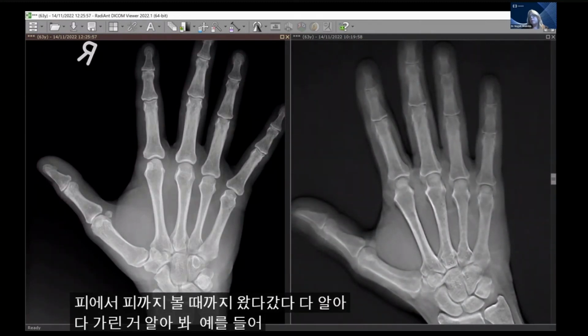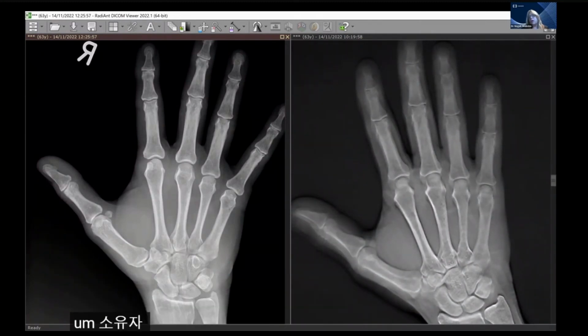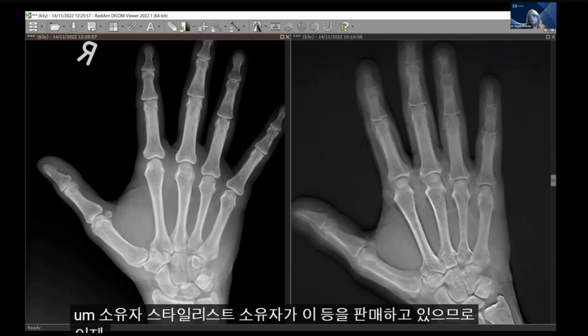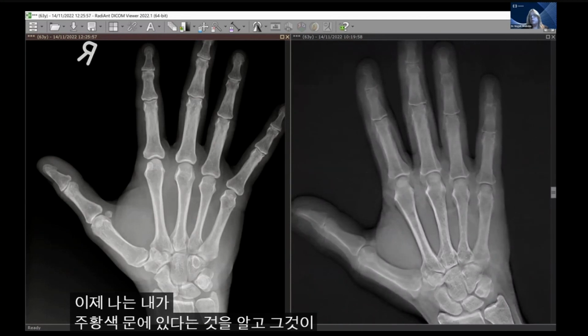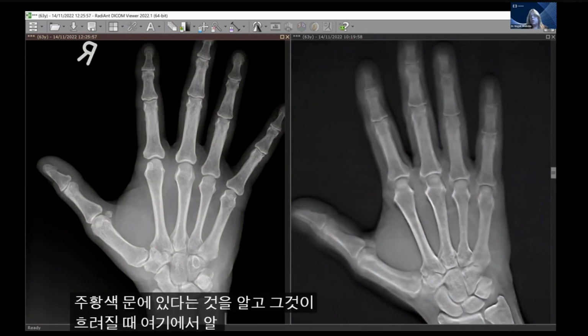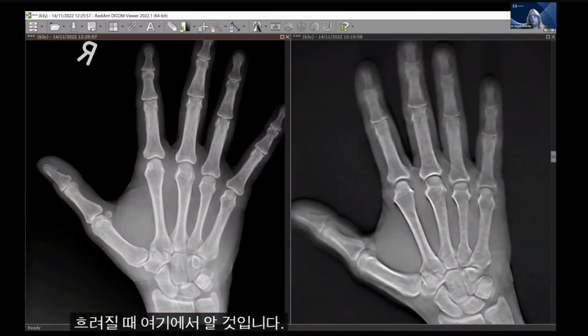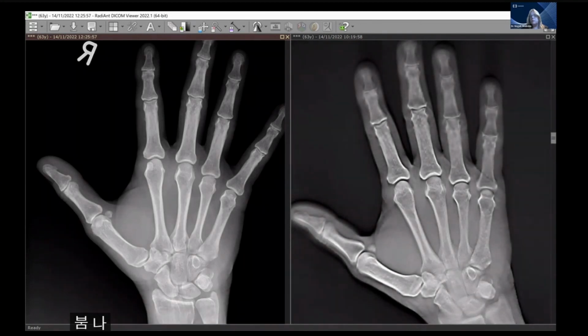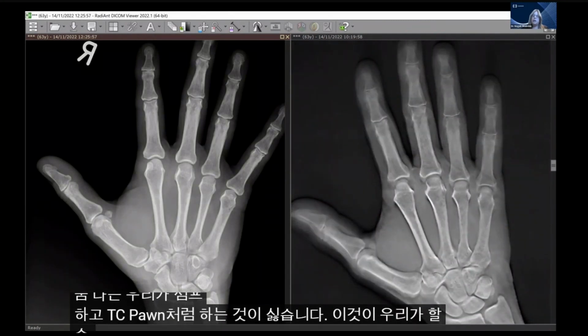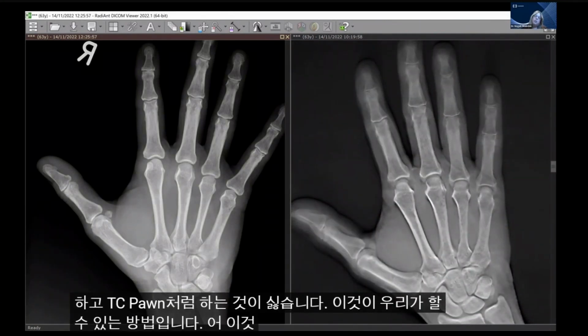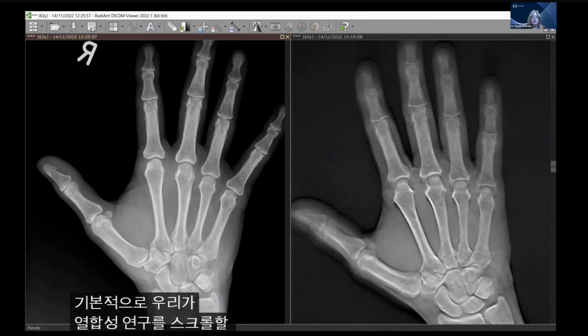Okay, look, for example, at the ulnar styloid. Ulnar styloid is dorsal. So now I know I'm in a dorsal image. And when it becomes blurred, I will know here, for example, I'm moving towards the volar aspect, and boom, I hit that triquetrum and the pisiform. This is basically how we can scroll through a tomosynthesis study.